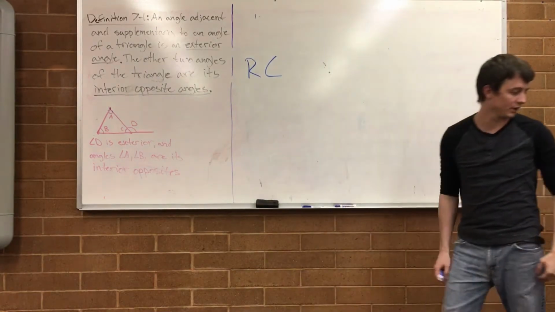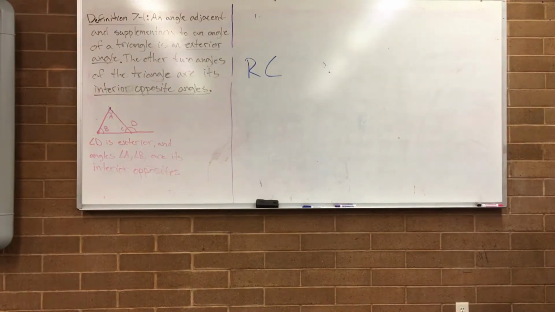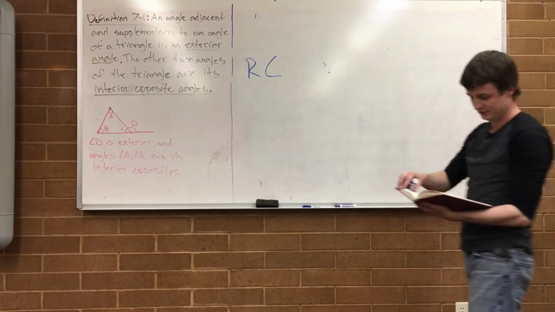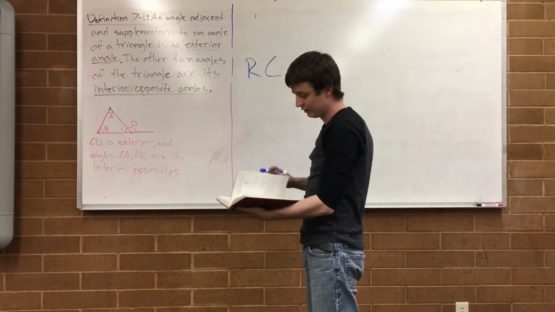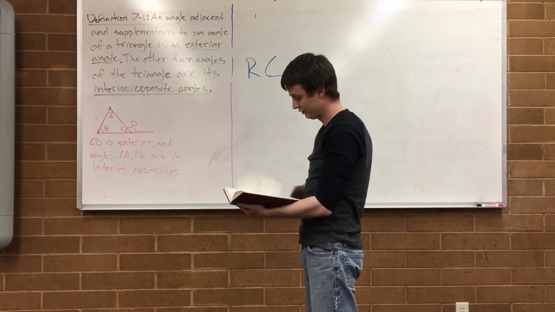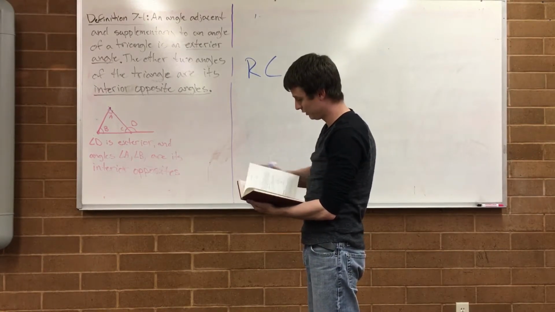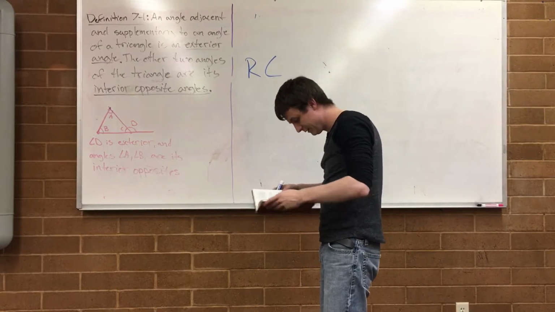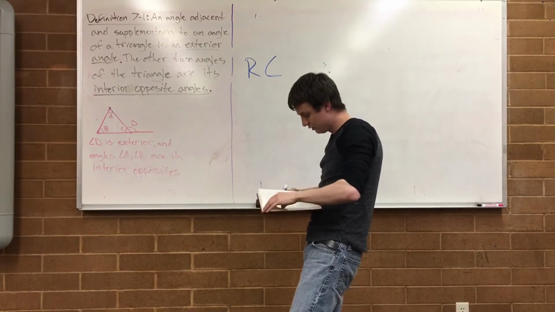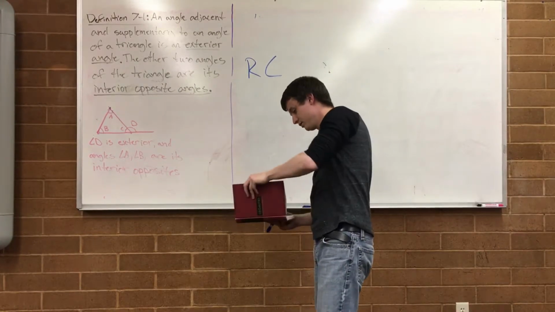Oh shoot, I'm jumping the gun. We need the definition of a circle, and then we'll come back to this. So we're done with triangles? I skipped the definition of a circle. I don't know where we are, I just know I need to talk about circles before RC constructions. What page are we on? My book keeps jumping. 120.